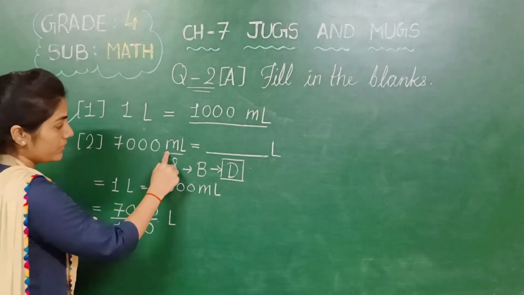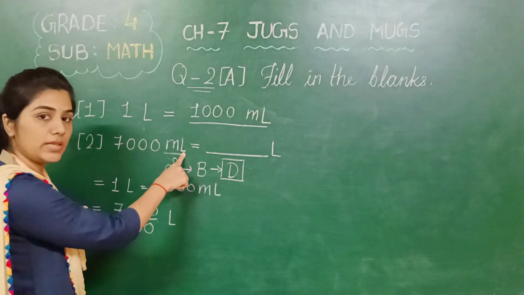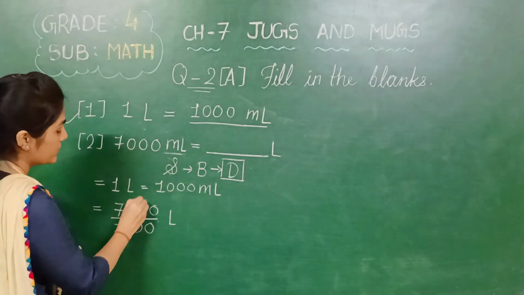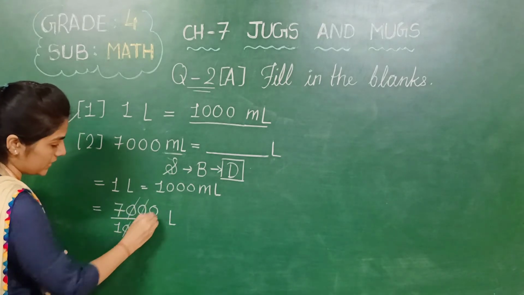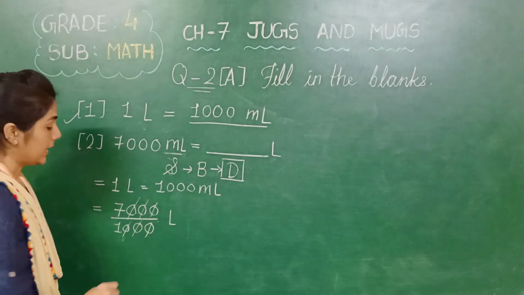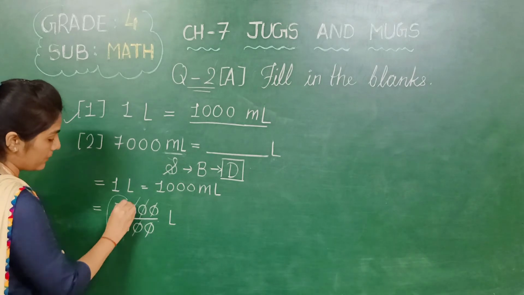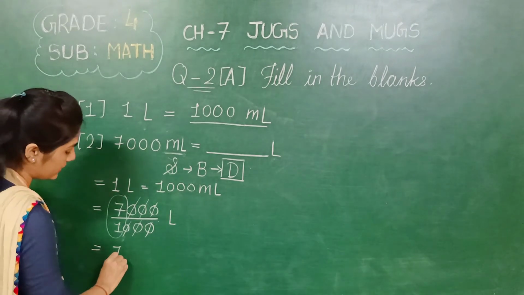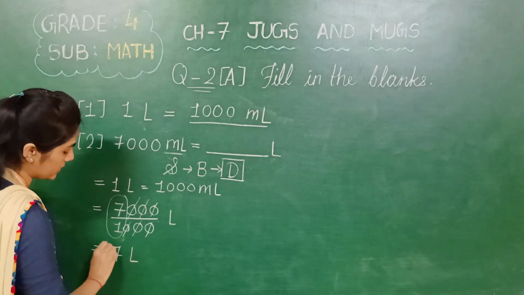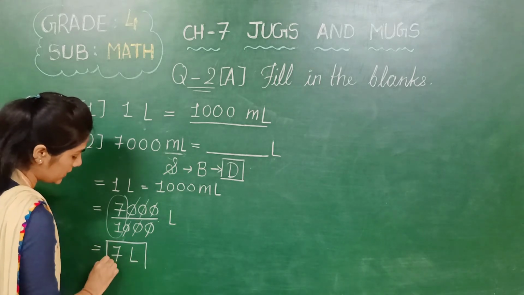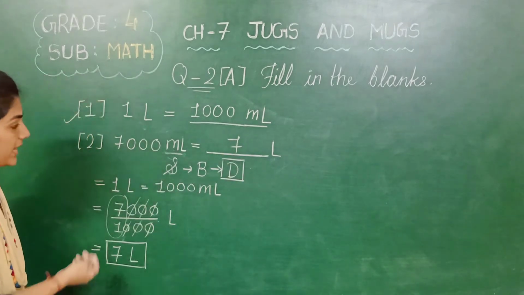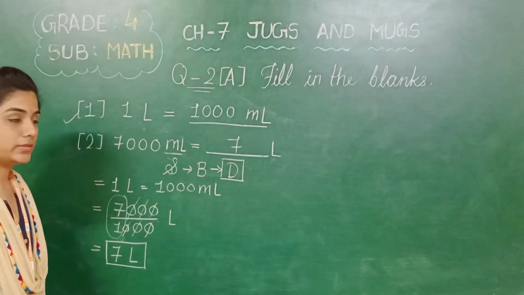Now the same number of 0s can be cut from the back side. So what is remaining? 7 upon 1, 7 by 1. So we can write the answer, that is 7 liter. So 7 liter is our answer. Likewise you have to follow this method.